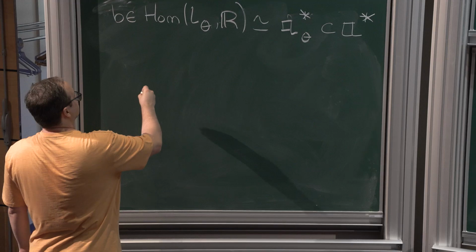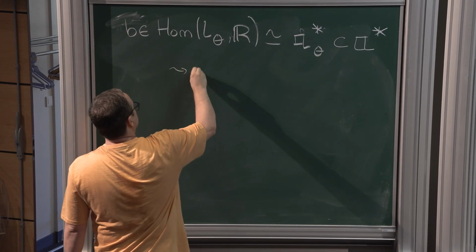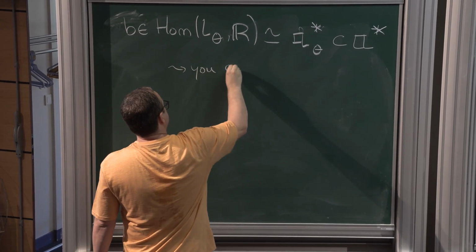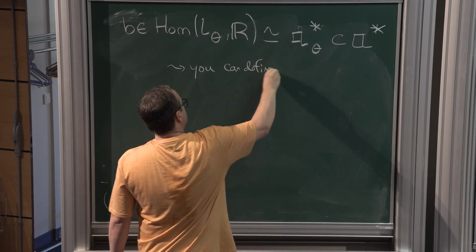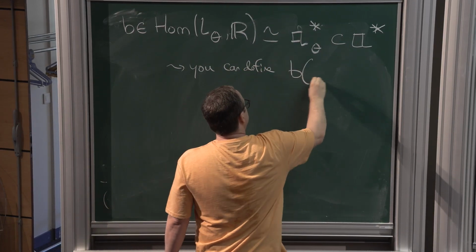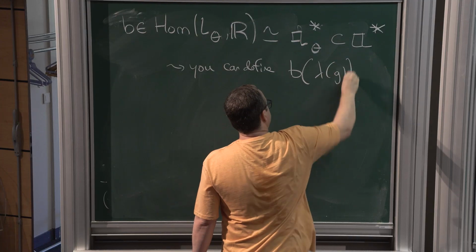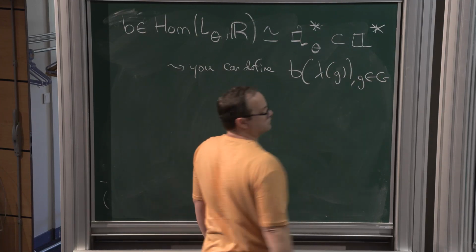And this was just to say that you can define B of lambda of g for g in the group.